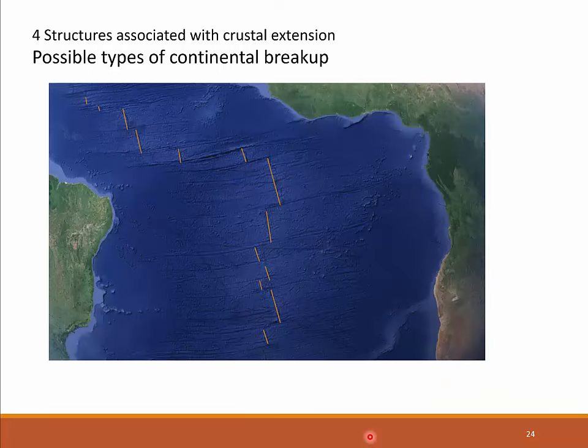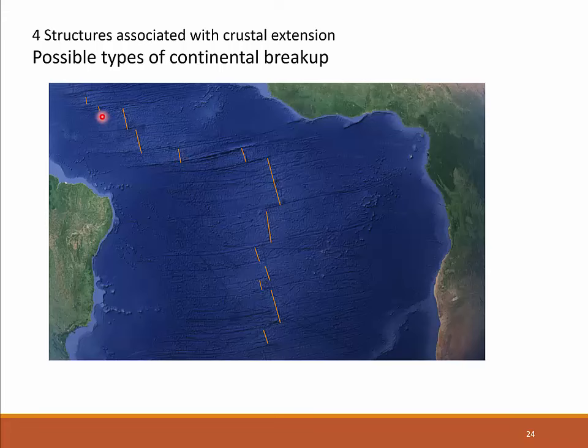We see here an example of the Atlantic, and I have highlighted here some segments of the mid-Atlantic ridge in orange, and we can see that all these segments here are connected with each other along transform faults. Some of them can be hundreds, perhaps even thousands of kilometers long.